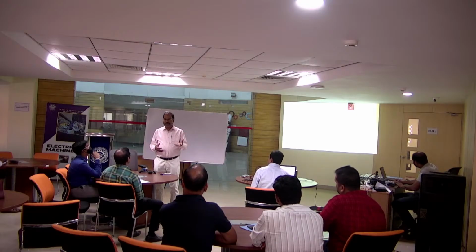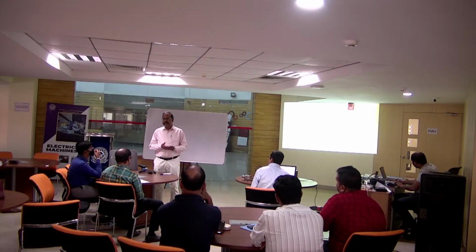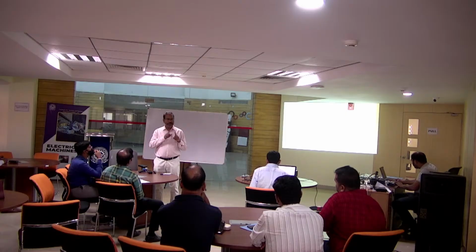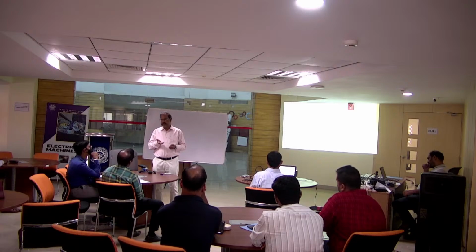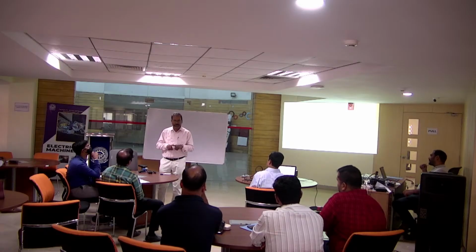Say induction machine: if slip is between 0 and 1, it is a motor. If slip is less than 0, meaning negative, it is a generator. If slip is more than 1, it is braking, plugging operation. So the generator itself is a braking, because motor and brake are two things.